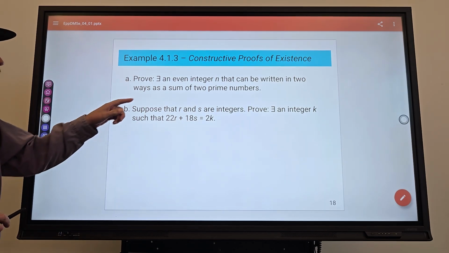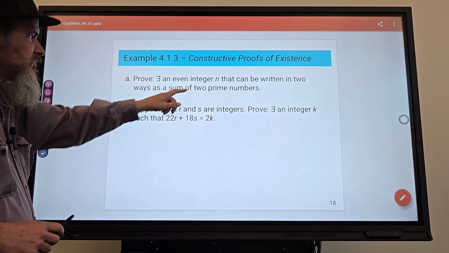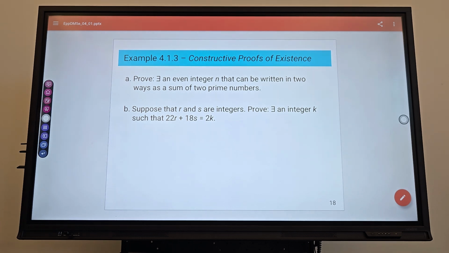This should be a positive even integer, because prime numbers have to be positive, so a sum of two prime numbers would have to be a positive number.